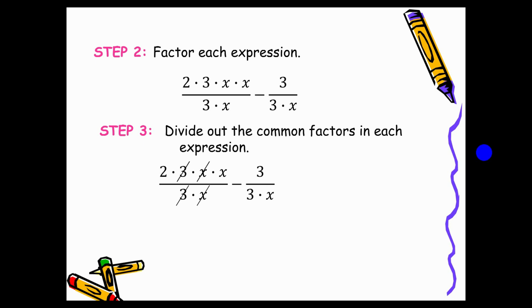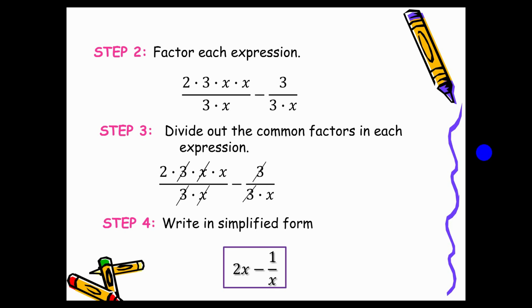So this will be cancelled out. Then for the 3 over 3 times x, the 3's here will be cancelled out. So we can now write it in simplified form. So our final answer would be 2x minus 1 over x.